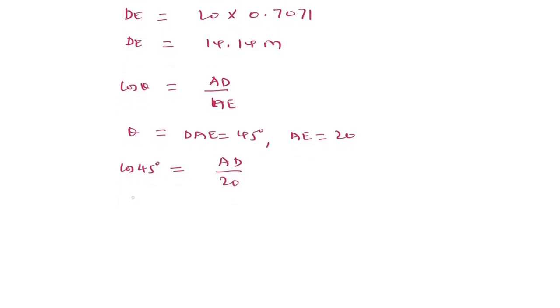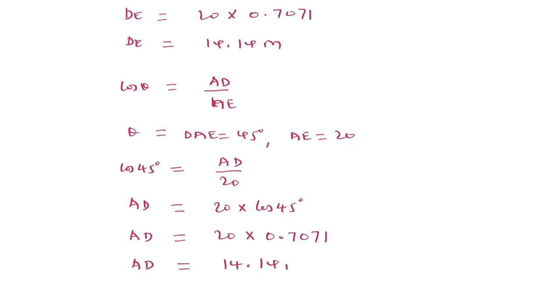Then AD equals 20 times cos 45 degrees. The value of cos 45 degrees from the table equals 0.7071. Substituting this, we have AD equals 20 times 0.7071. Solving this, we have AD equals 14.14 meters.